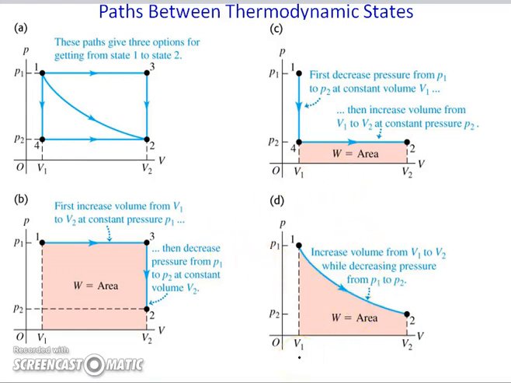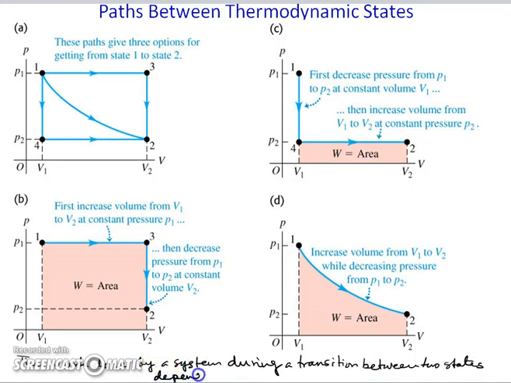So one conclusion we can make here is that the work done by a system during a transition between two states depends on the path chosen.